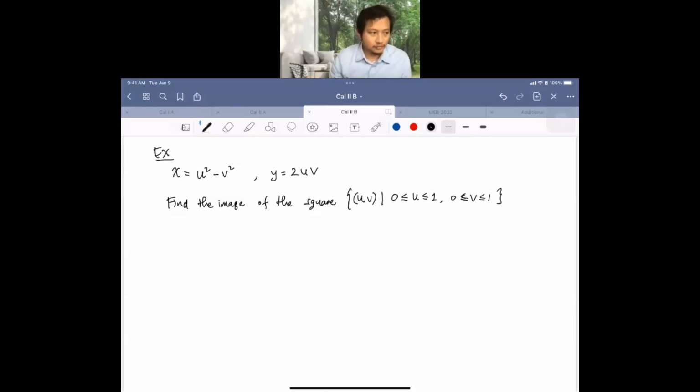So we have a square, and we need to transform this square using these transformations. This is the relation between x, y, and u, v.